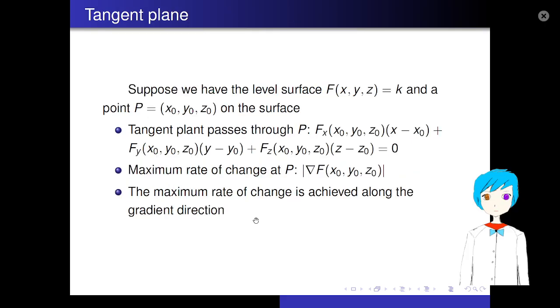Next, we talk about the tangent plane for the level surface f of x, y, z equals k, a constant, on a point P, x0, y0, z0 on that surface. So the tangent plane that passes through P is given as fx times x minus x0 plus fy times y minus y0 plus fz times z minus z0 equals 0.